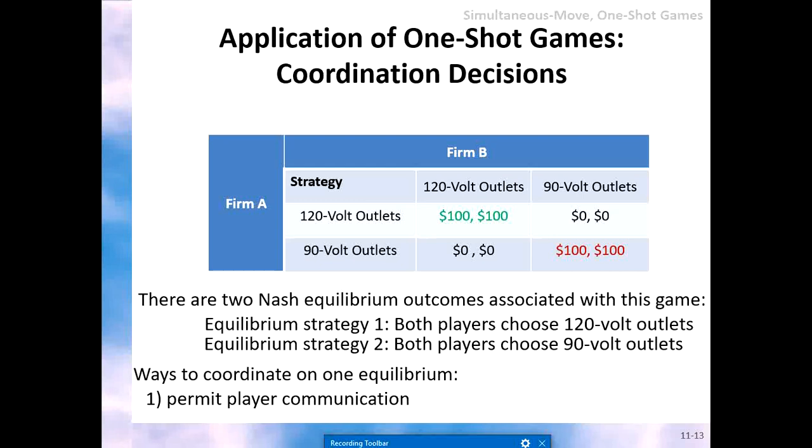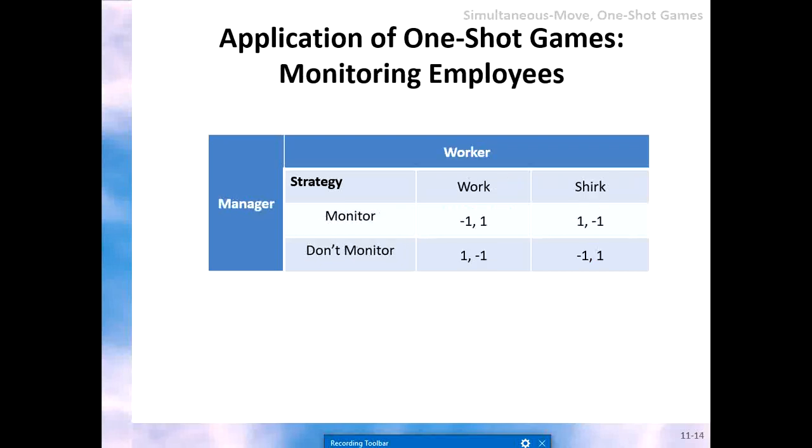Therefore, here it permits player communication, which is the firms, and also maybe the government sets a standard. And I think this is what in Malaysia, when you go and see, your electrical plug is standardized. It's not different, like for example, one in the China way, one in the Thailand way. So this is totally different from the previous one.